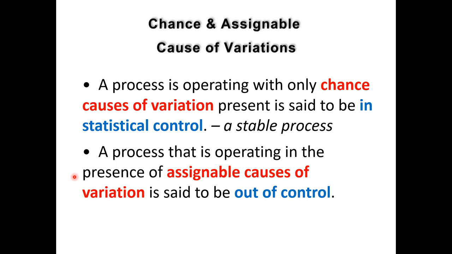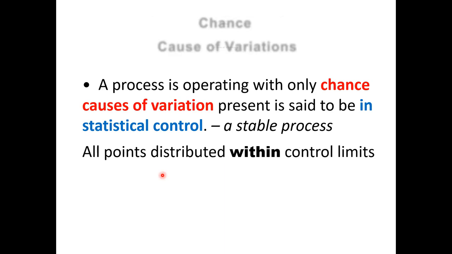So the out of control condition which occurs in the process is due to assignable causes of variation.